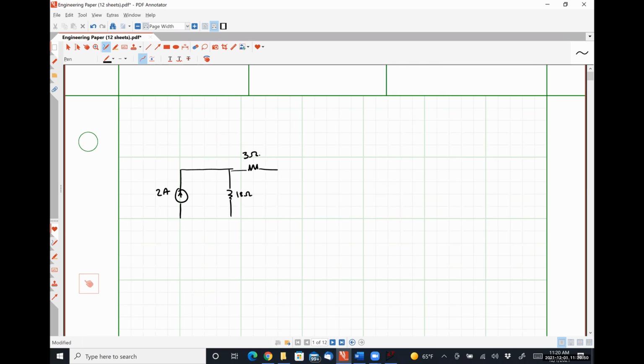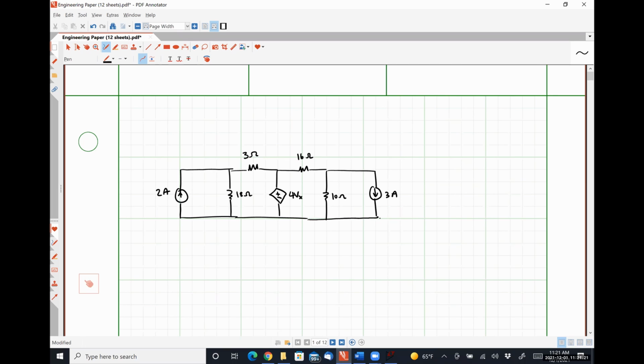Here we have a 3 ohm resistor, a dependent voltage source supplying a voltage of 4 Vx, a 16 ohm resistor, a 10 ohm resistor, and a current source, direction down, of 3 amps.